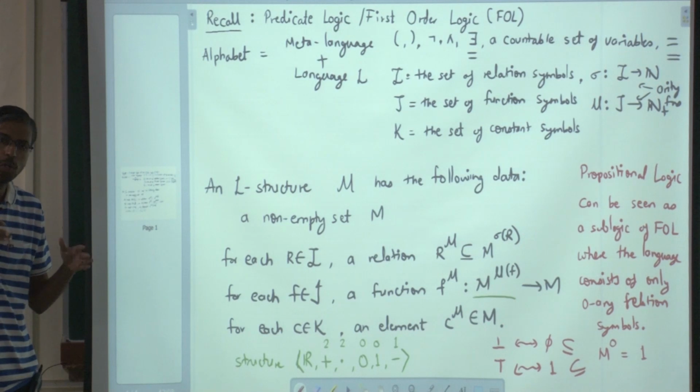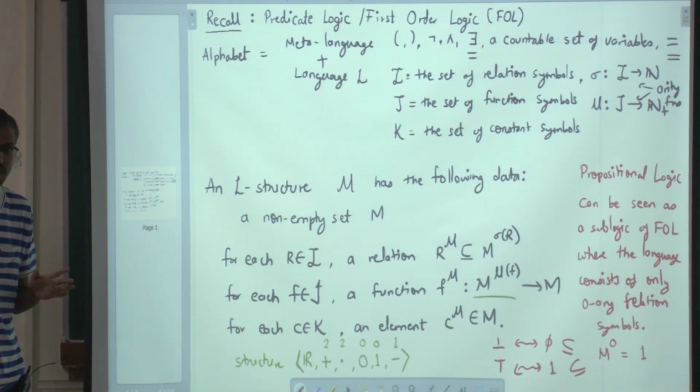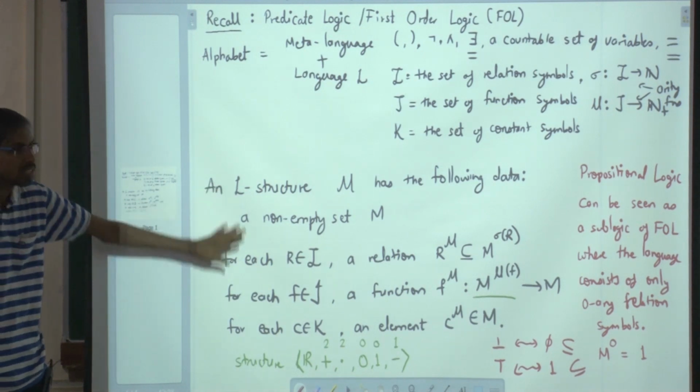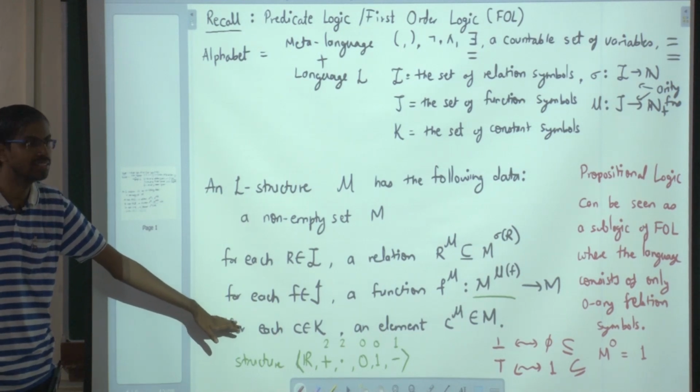Even if M1 and M2 are two different non-empty sets, M1 to the power 0 is going to be a singleton, and M2 to the power 0 is also going to be a singleton. So structures don't really matter. What will be a structure in that case?